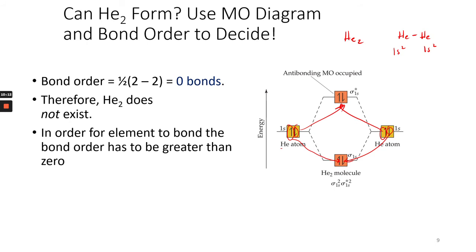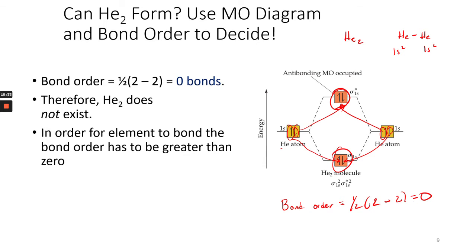Since you had 4 total electrons, you filled both your bonding and your antibonding. Okay, what is the bond order? Remember, it's 1/2 the number of bonding minus the number of antibonding. So will helium form a diatomic?